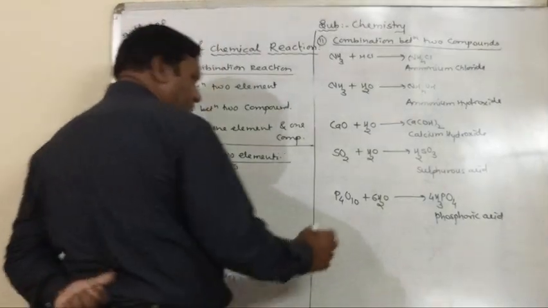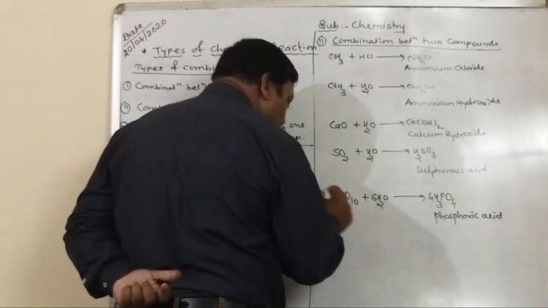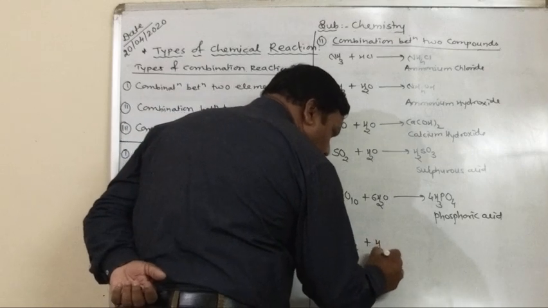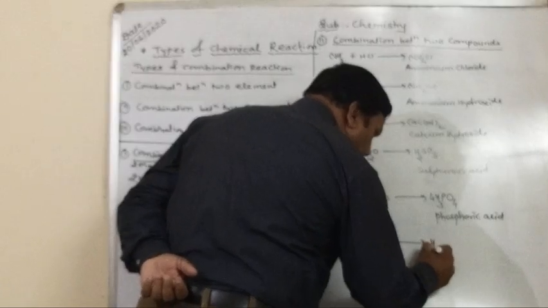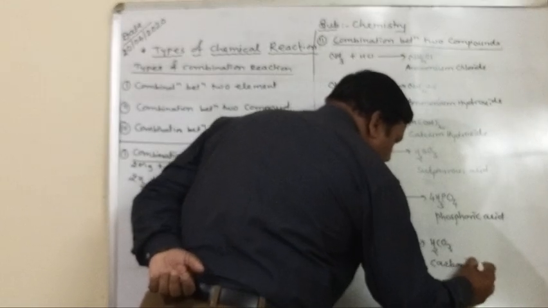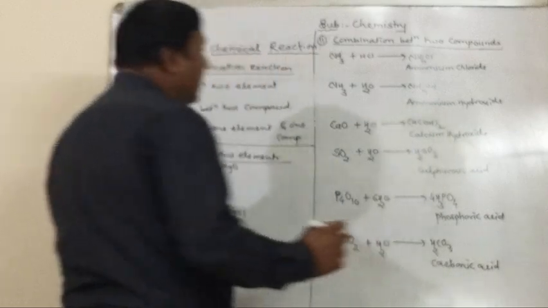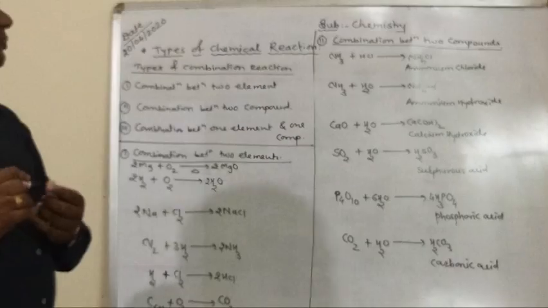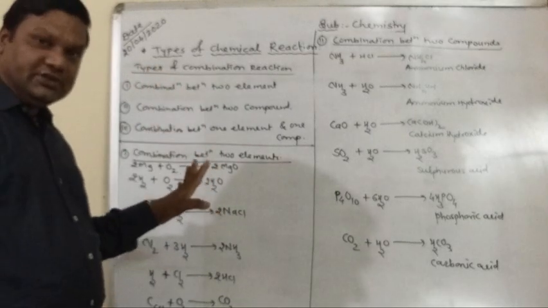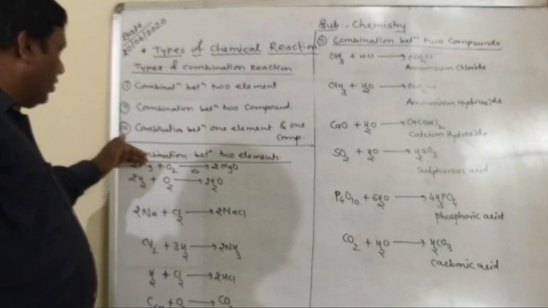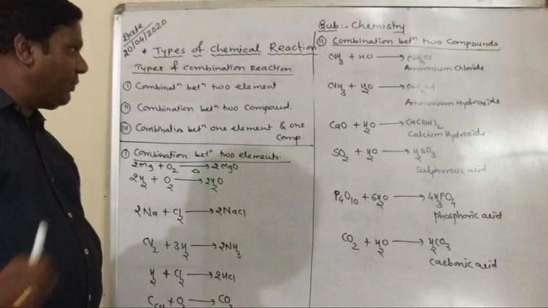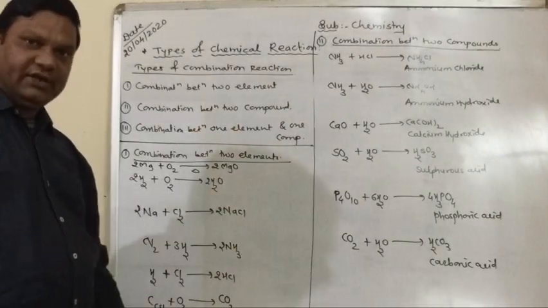Now after that, CO2 plus H2O to get H2CO3, carbonic acid. So these are the examples of combination between two compounds. Is it clear? The earlier one is combination between two elements. These are combination between two compounds. Now please pause the screen and note down these reactions.